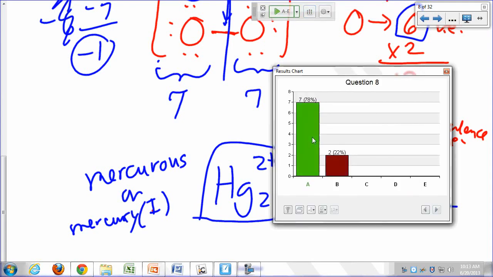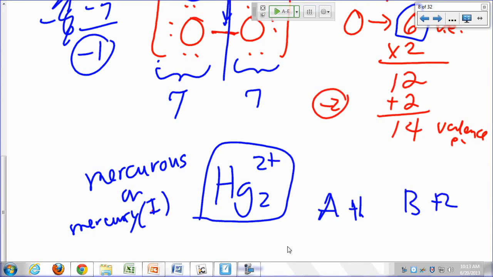It is plus 1. The pair as a whole, they're sharing electrons, has a charge of plus 2. Since we can't expect either one of them to own the shared electrons, we have to split electrons 50-50. We expect both of them to have the same oxidation number, right?